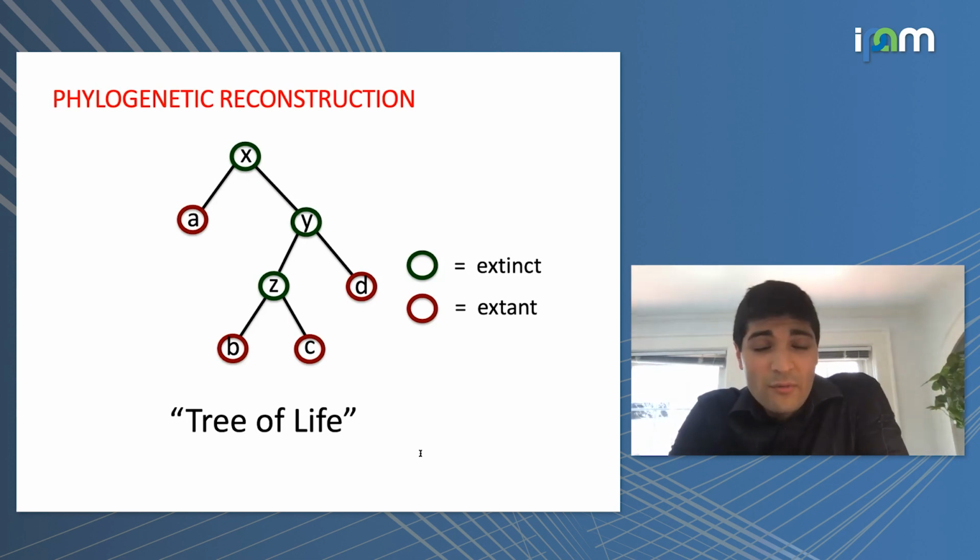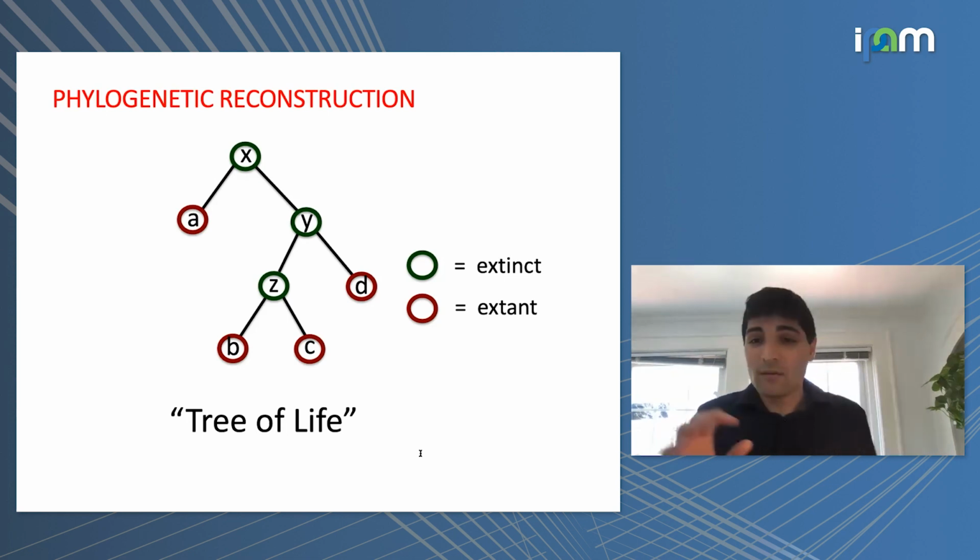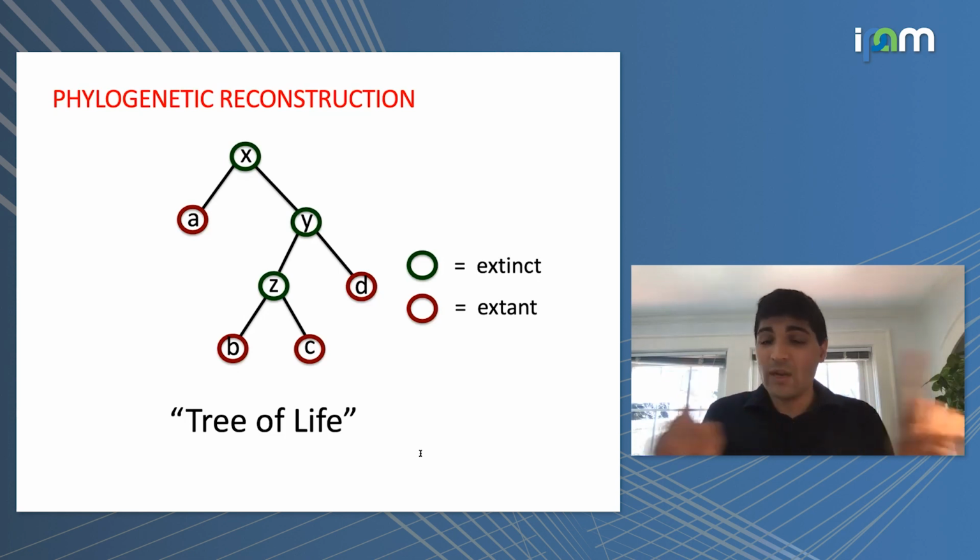There's this beautiful model, a very well-defined statistical model, which I'll explain. The goal you can think about is, we have all of these living species. These are the extant species. And maybe we can sequence their genomes, and maybe we can even align their genomes so that we have an idea about how the different characters align.